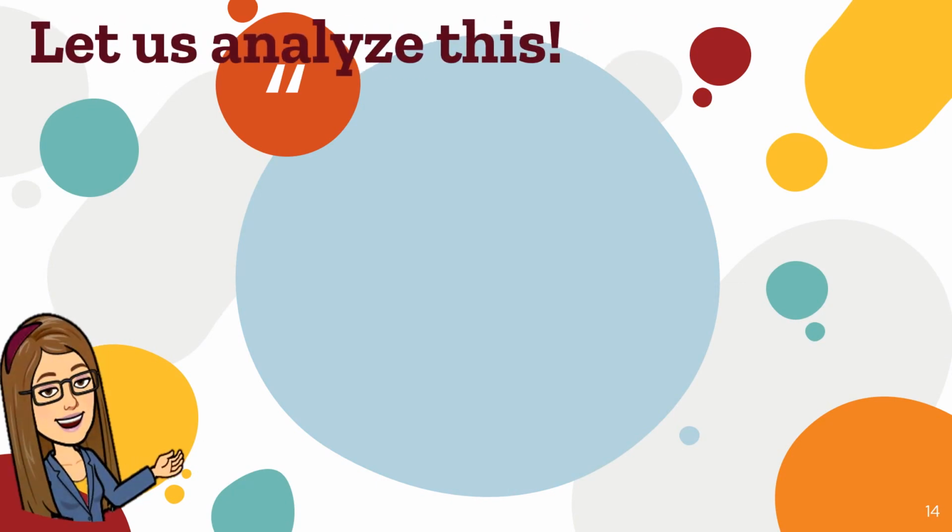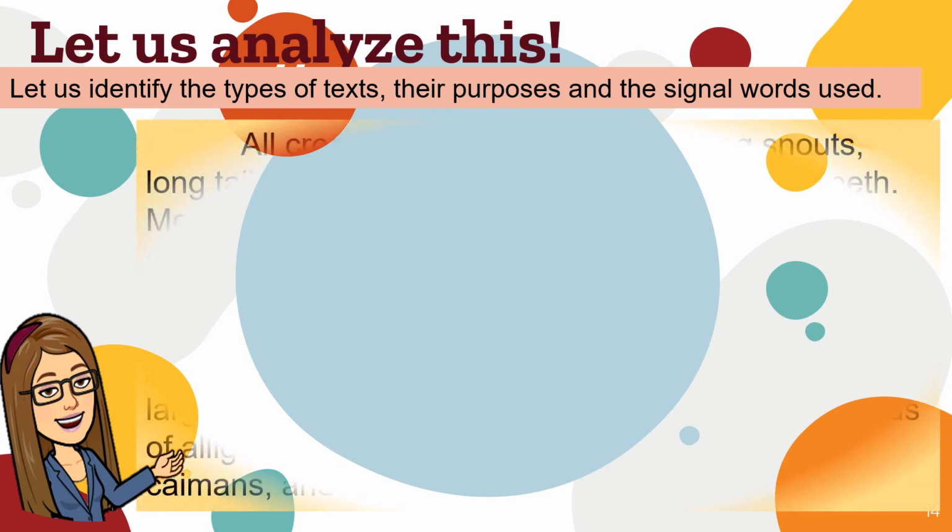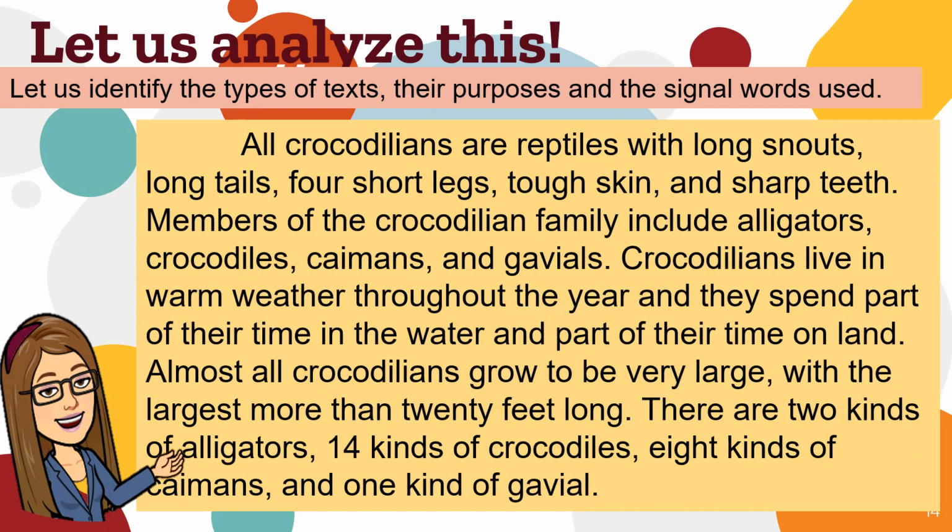Let us analyze this. Let us identify the types of text, their purposes, and the signal words used. All crocodilians are reptiles with long snouts, long tails, 4 short legs, tough skin, and sharp teeth. Members of the crocodilian family include alligators, crocodiles, caimans, and gavials.